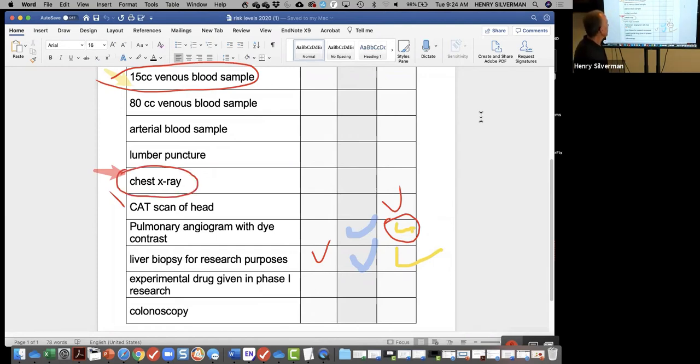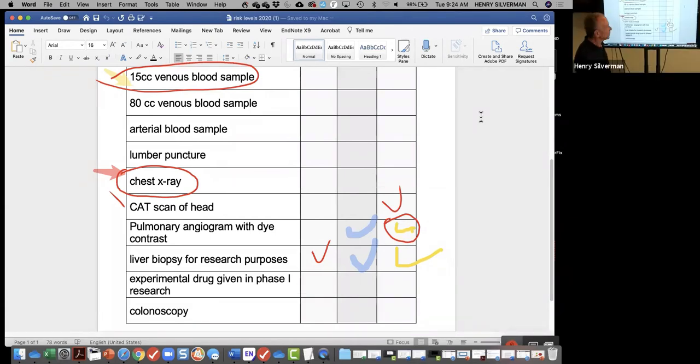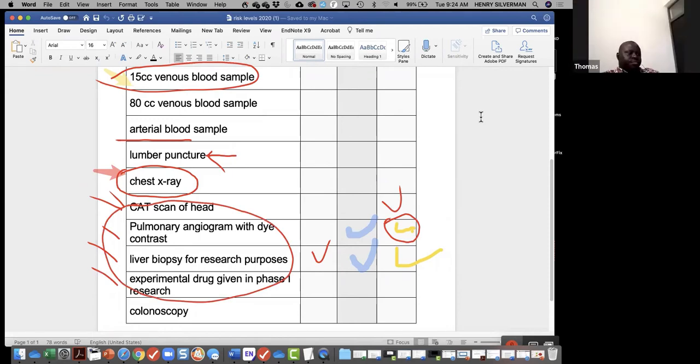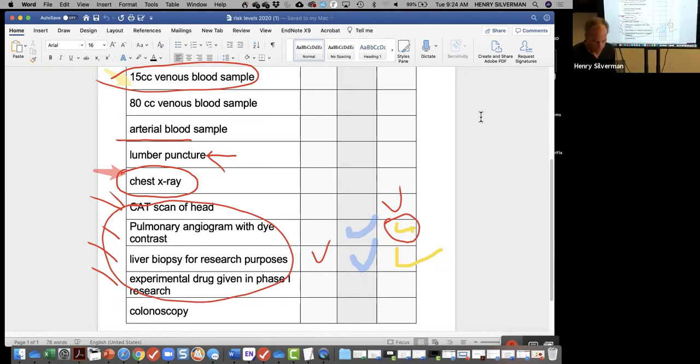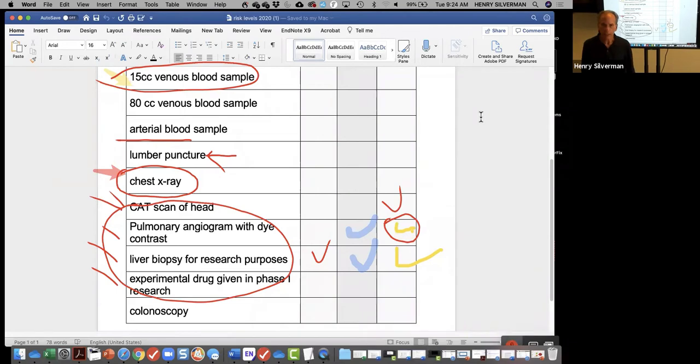That's routine, but I don't think you come in for a routine physical exam and you get an arterial blood sample or a lumbar puncture or a CAT scan. You get all this when you come in with unexpected symptoms, right? I don't know what happens in your countries, but I think a chest X-ray and a venous blood sample is part of that.